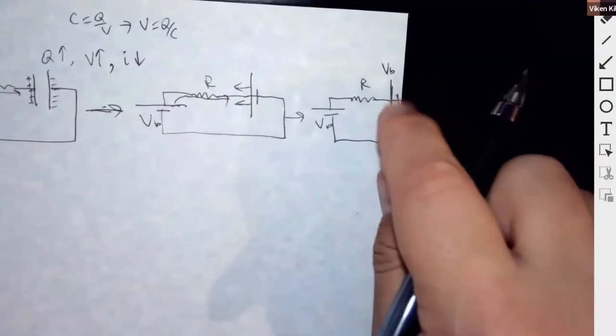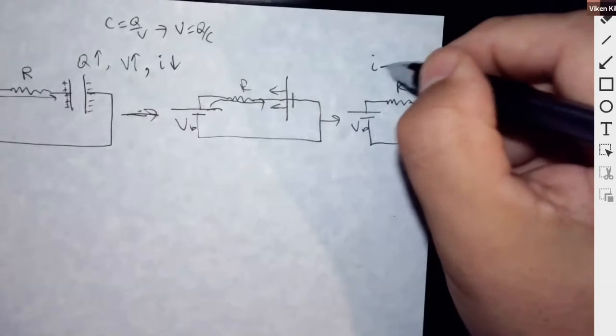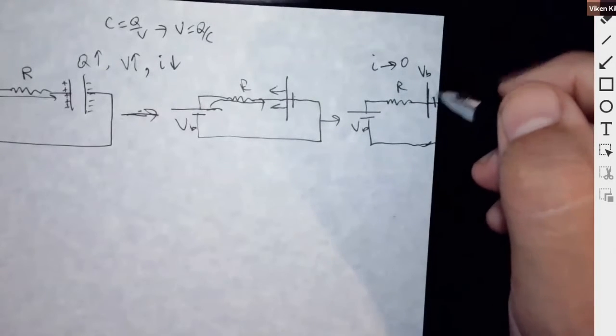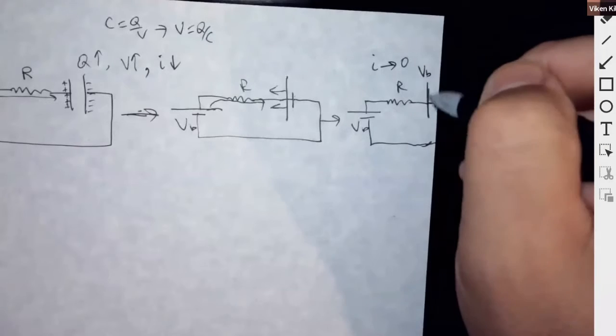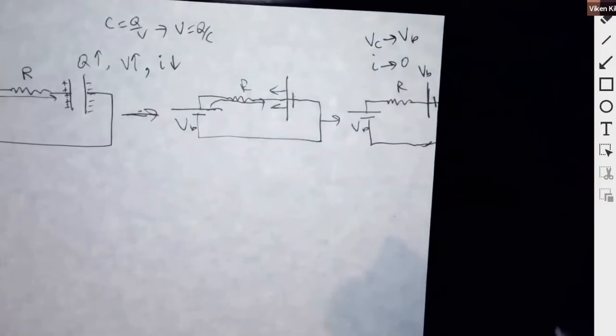Or at least asymptotically reach the voltage of the battery. And then the current should reach 0 at the end, once it's fully charged. And the voltage of the capacitor should reach the voltage of the battery, you see.